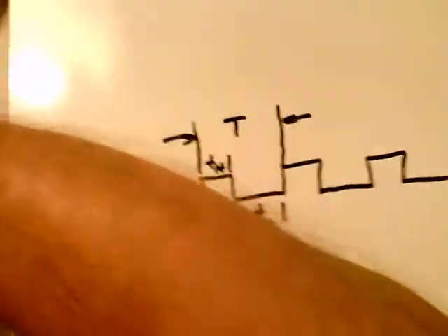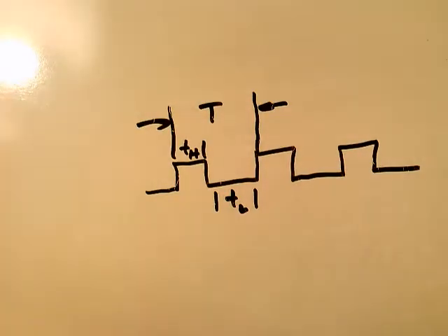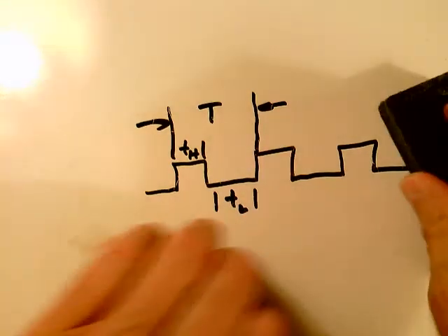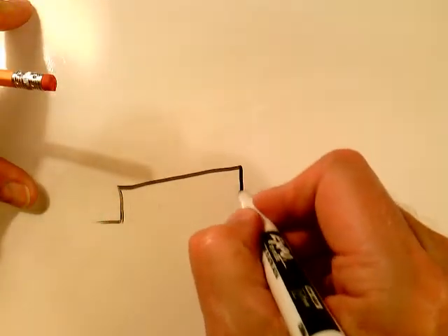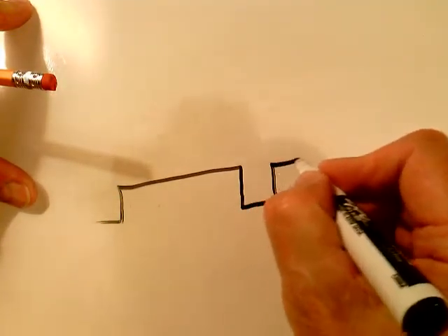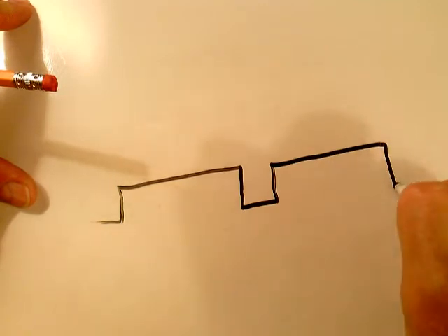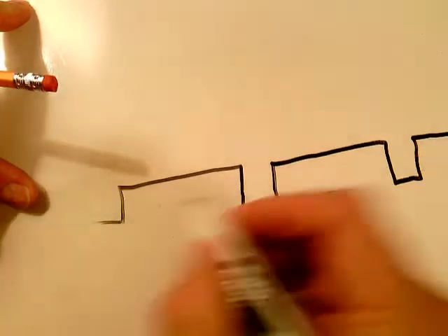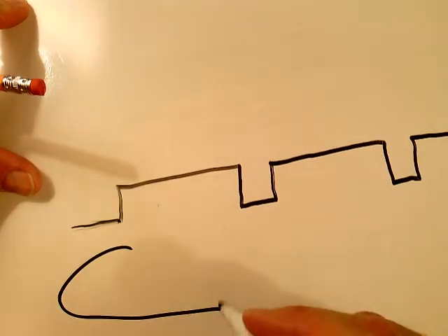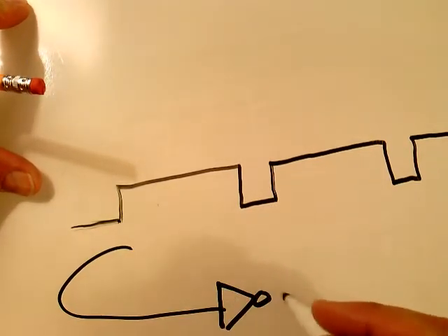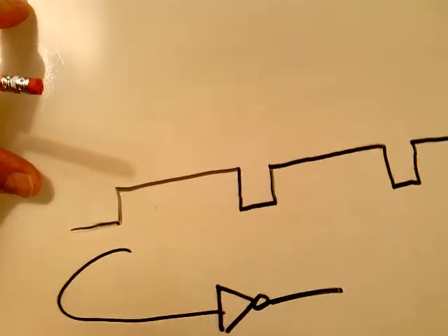If you have a duty cycle that's 80%, let me see if I can draw something that approaches 80% here. Make something up here. I'm going to say that right there is an 80% duty cycle, the way we defined it. If you take that and you run it into an inverter, what do you get out here? Well, you get this.